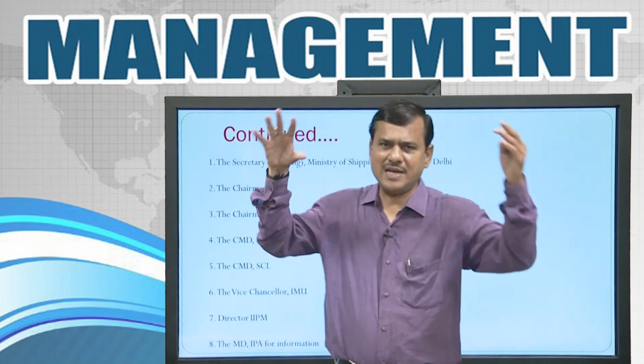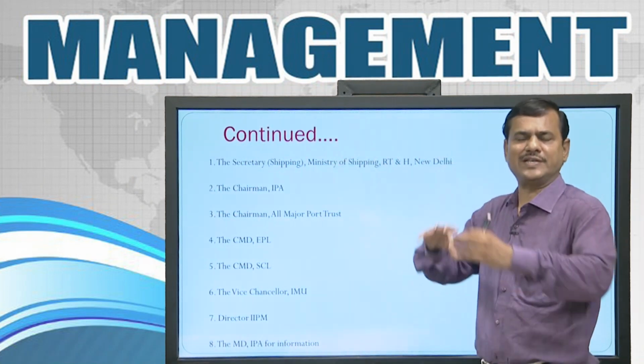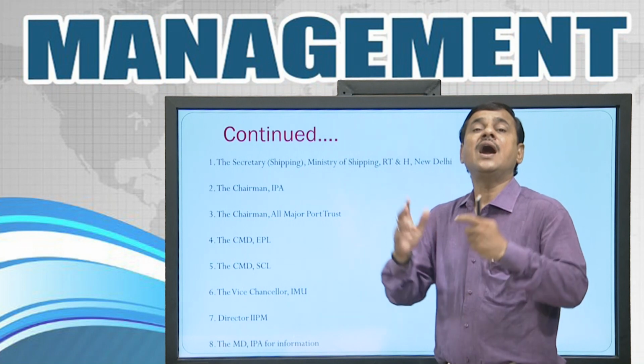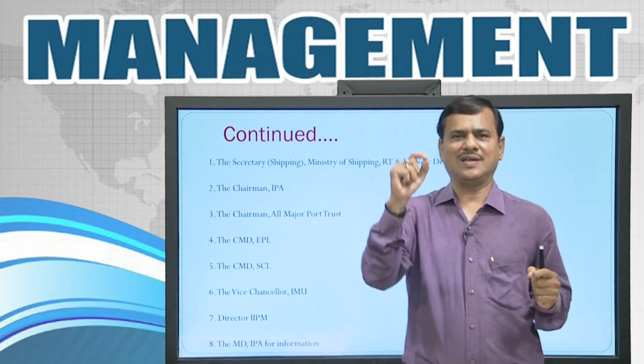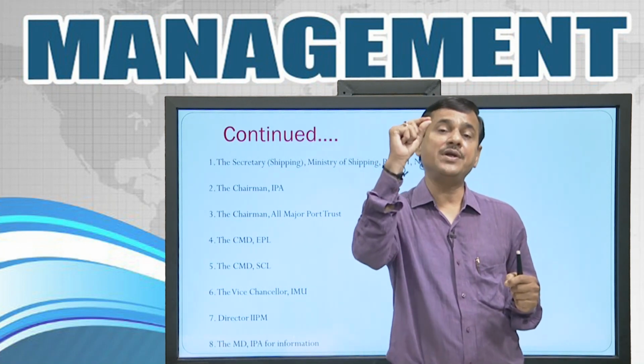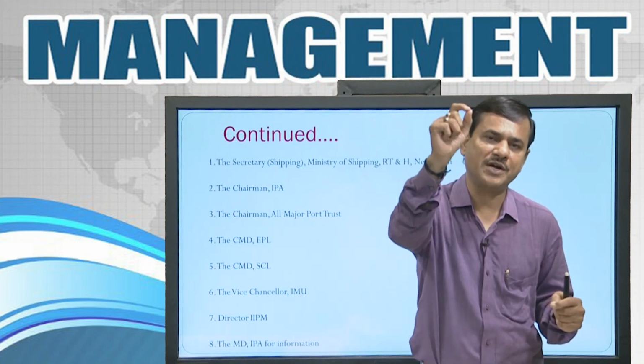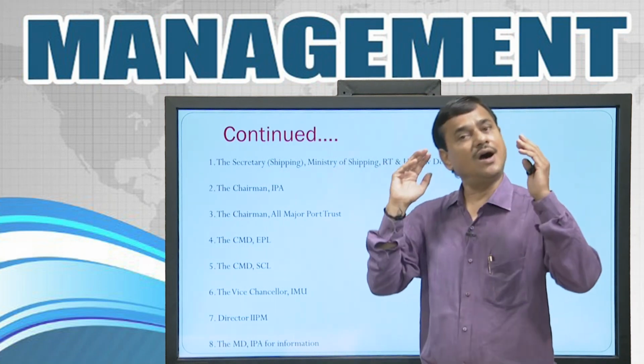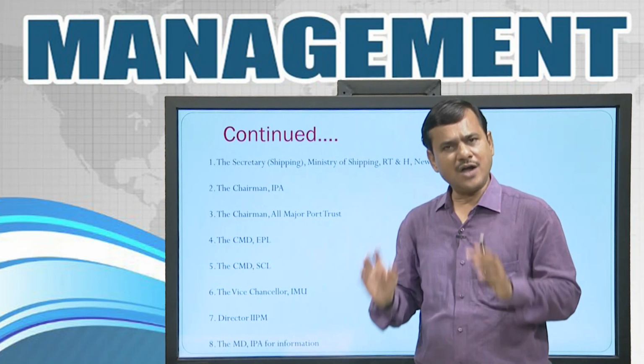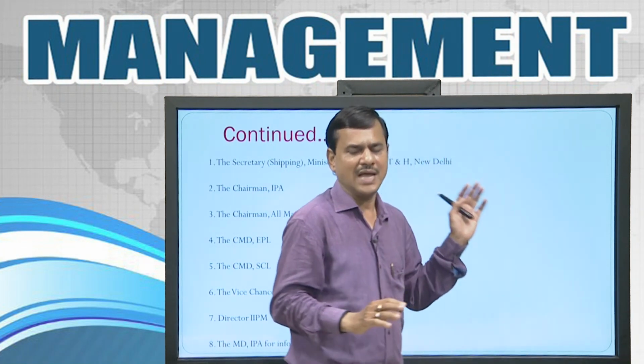Because this many people, this many authorities, this many organizations are connected with that person, as he has been appointed as the appellate authority of a particular organization. So other organizations are to be informed about this appointment.